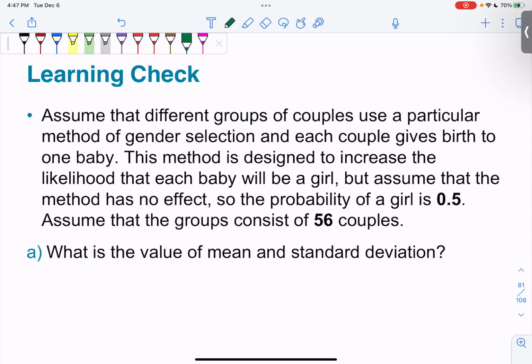Square root of npq, which is 28 times 0.5, square root of 14. Okay? So this is the first, 3.74.